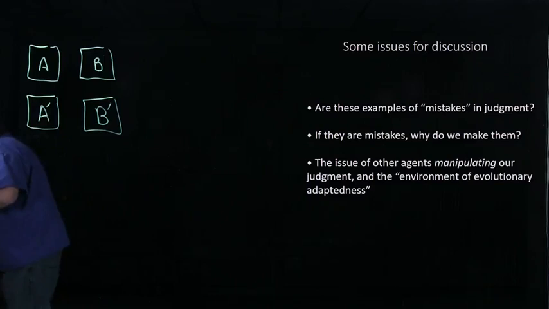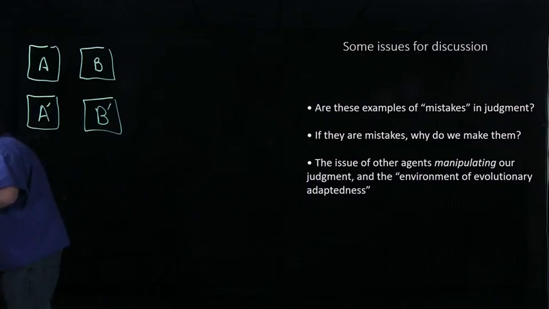Now here's what Ariely did. He took some of these photos. Let's take the photo A and the photo B. And remember, these are equally attractive folks. And he used a little bit of Photoshop on one or another of these photos.